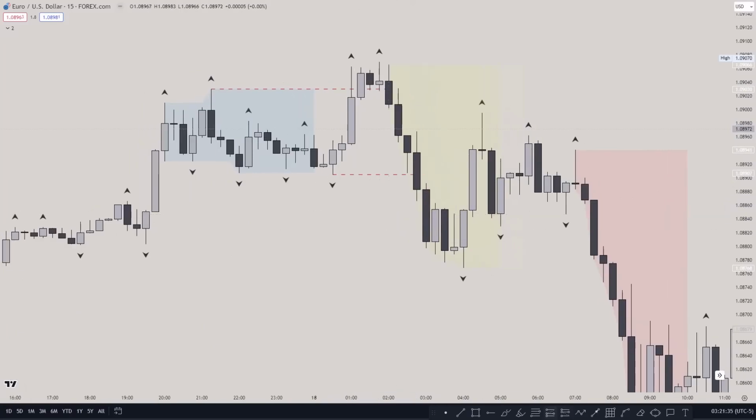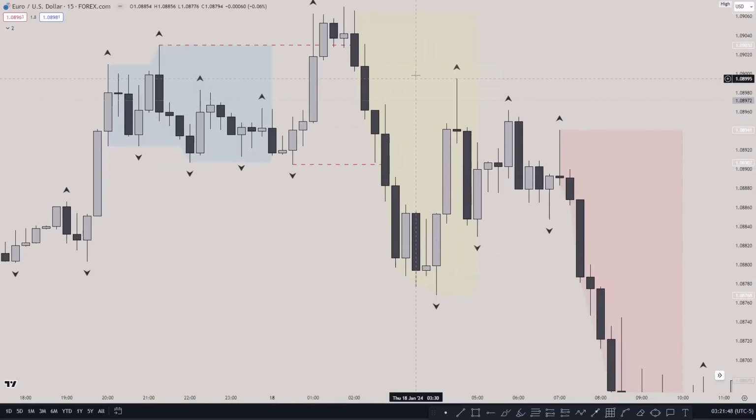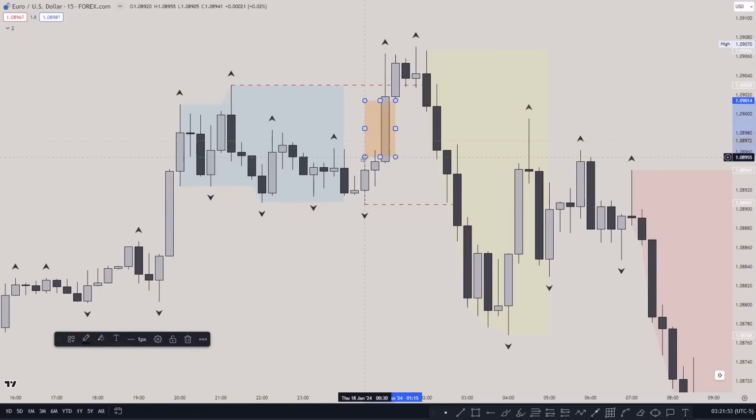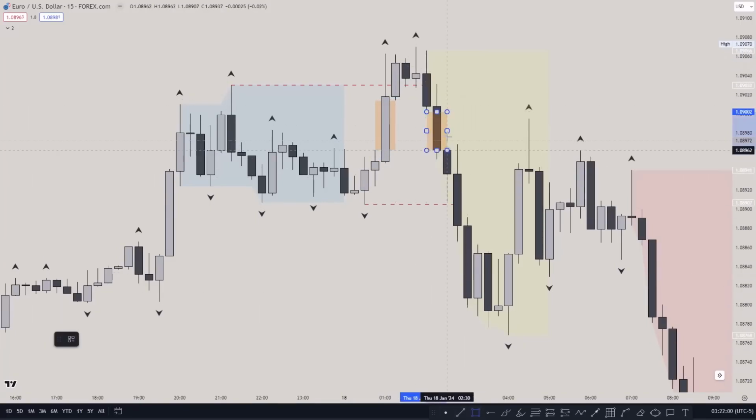Now, between the sweep, which is right here, and the change of character, we look for that fair value gap. And in this case, we're not just looking for the fair value gap, as I said on tab 1, we're looking for a balanced price range. So as we're going up, we had this fair value gap, right? This one right here. And as we're coming lower, we also had another fair value gap, which is right here.